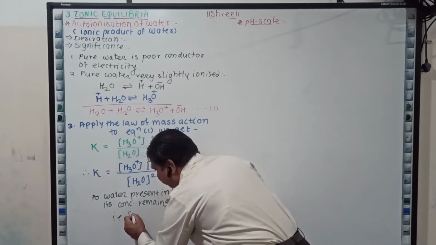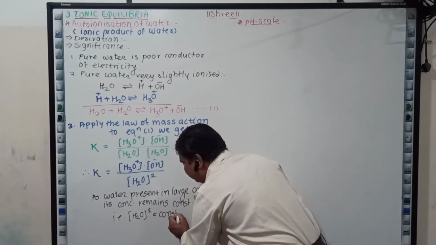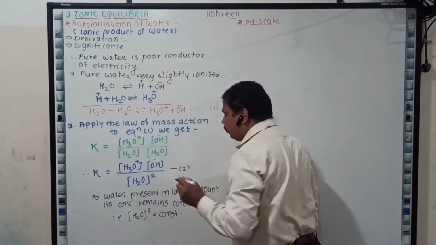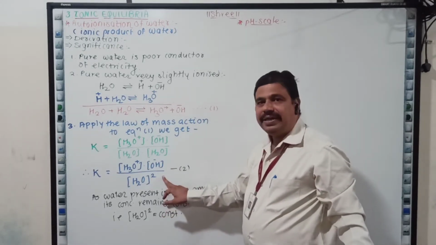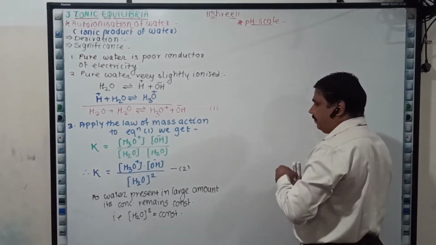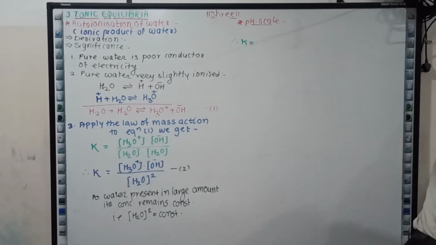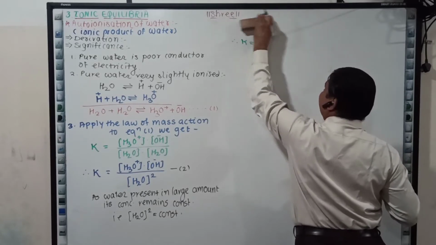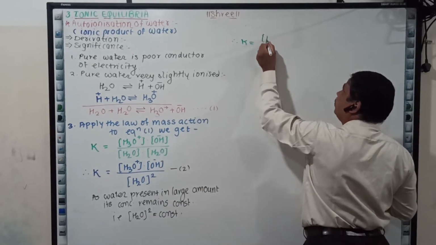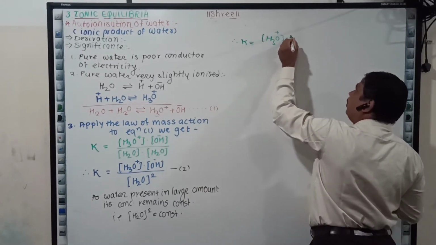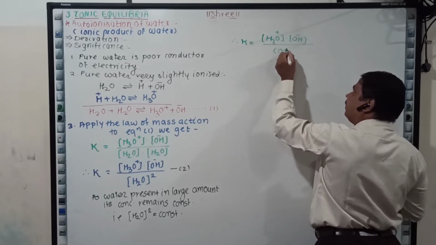That is concentration of H2O square is equal to constant. Now put the value of concentration of H2O square is equal to constant in equation 2. We get, therefore K is equal to concentration of H3O plus into concentration of OH minus upon constant.